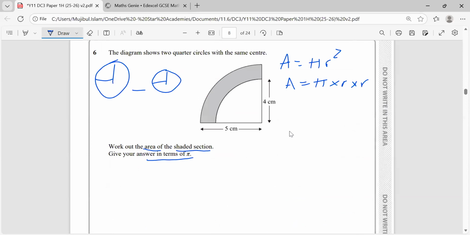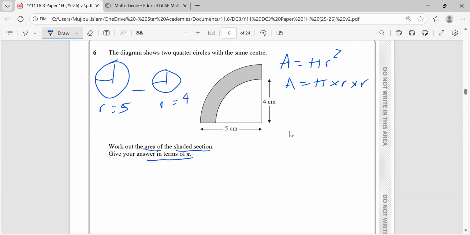Now, what is my big formula? Well, big circle rather. If you look at the big circle here, the radius is 5. So I'm going to write r equals 5. And for the other one, the radius equals 4.